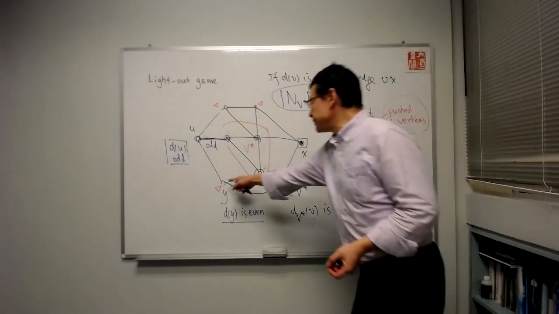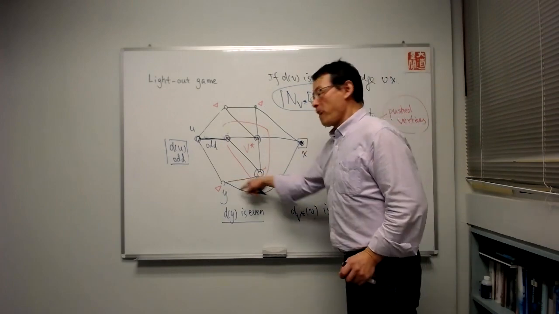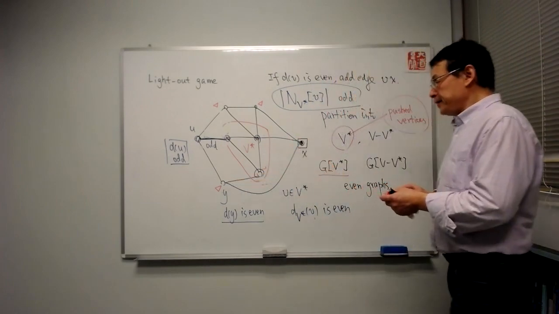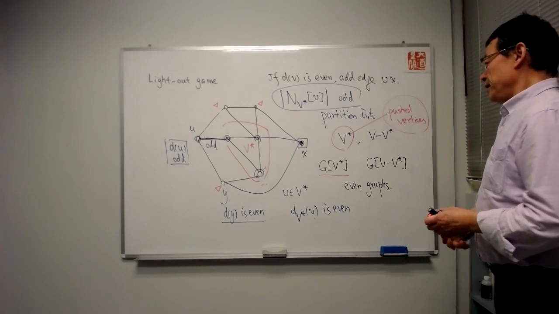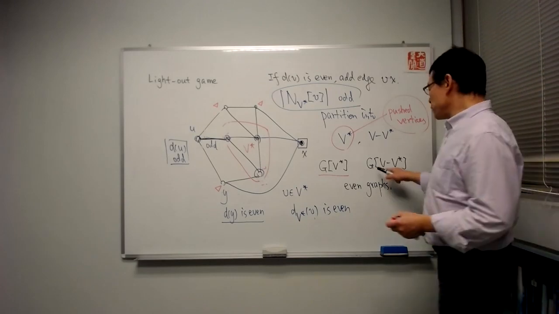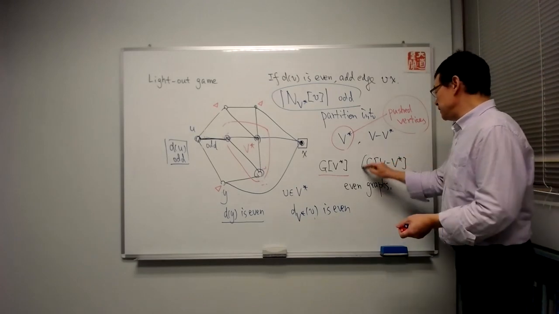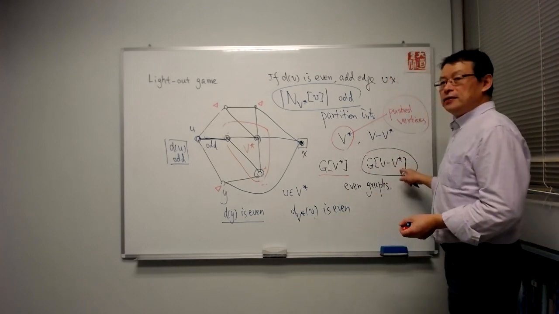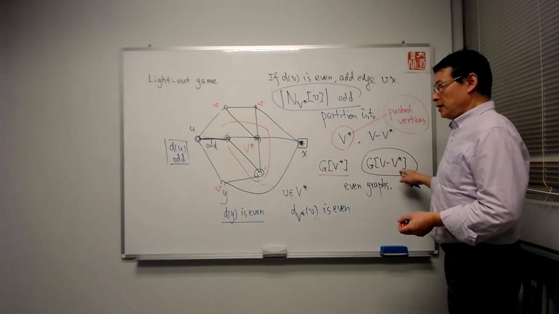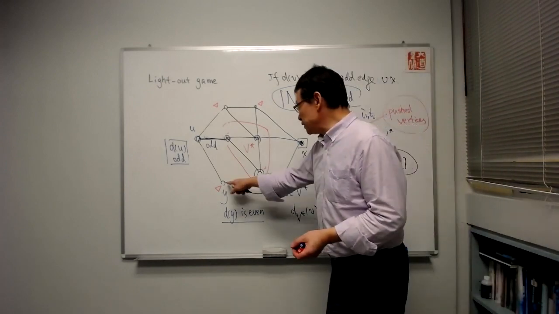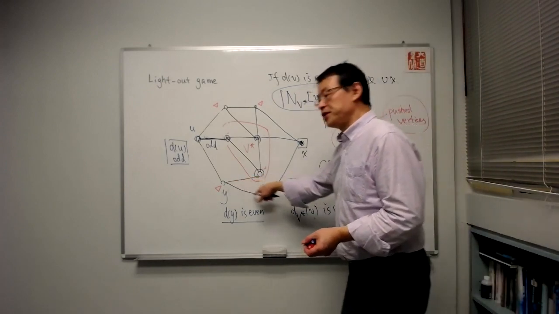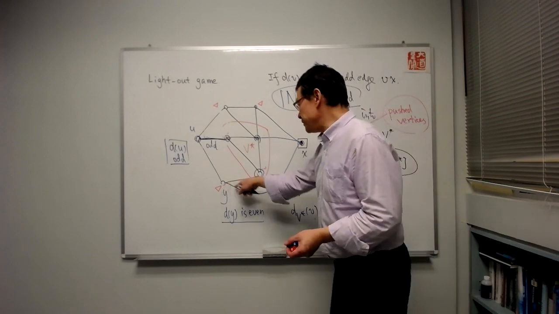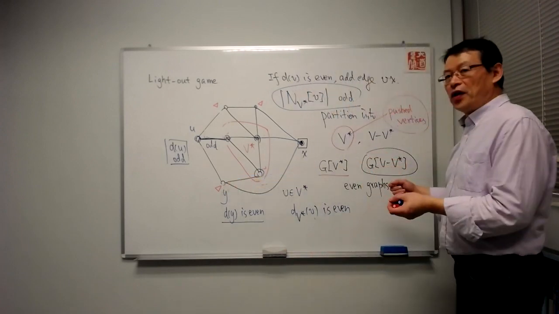That's the reason we add this edge. Now the degree inside this graph is always even. Originally the degree is even. Once we add this edge, the degree becomes odd.